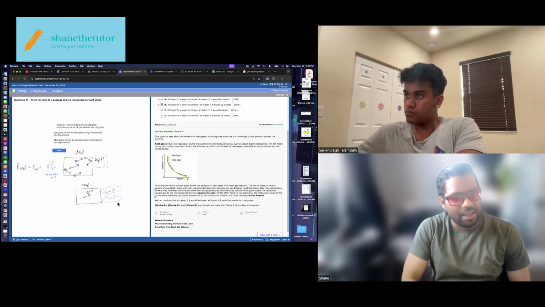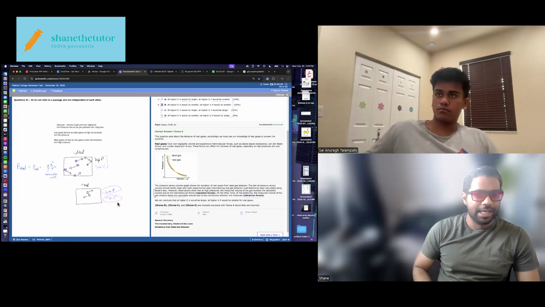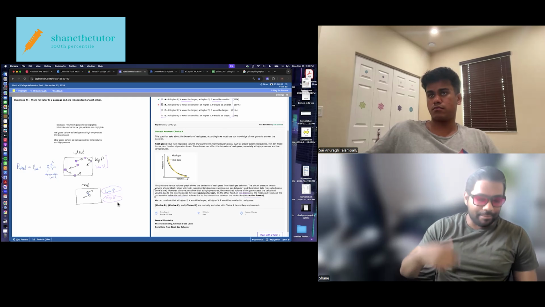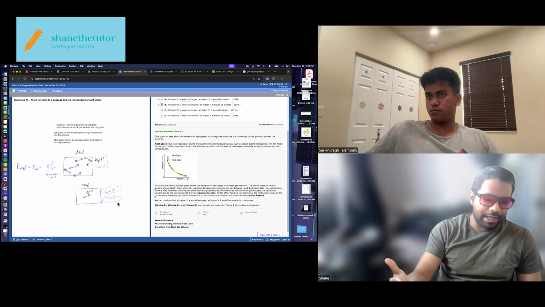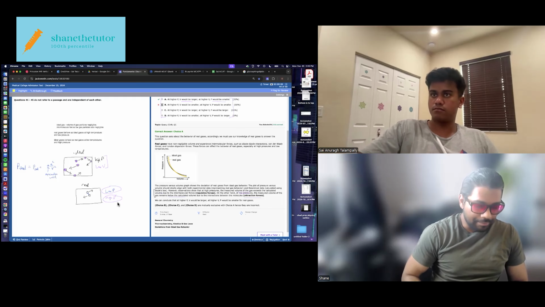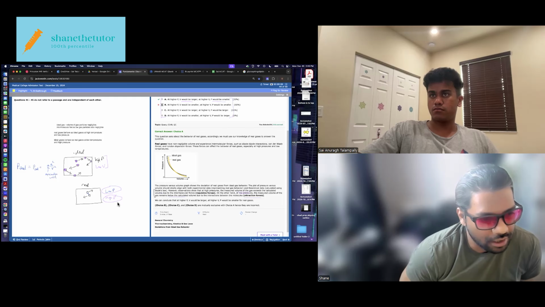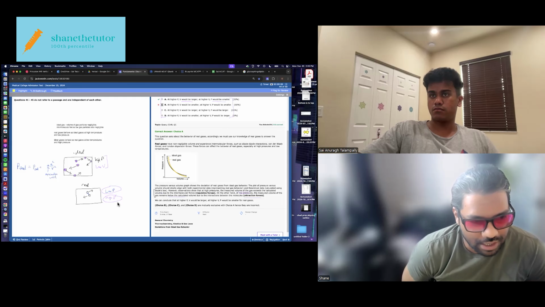Real gases behave as ideal gases at high temperatures and low pressures, because that means you're going to minimize your intermolecular forces and you're going to minimize the volume of the particles themselves.